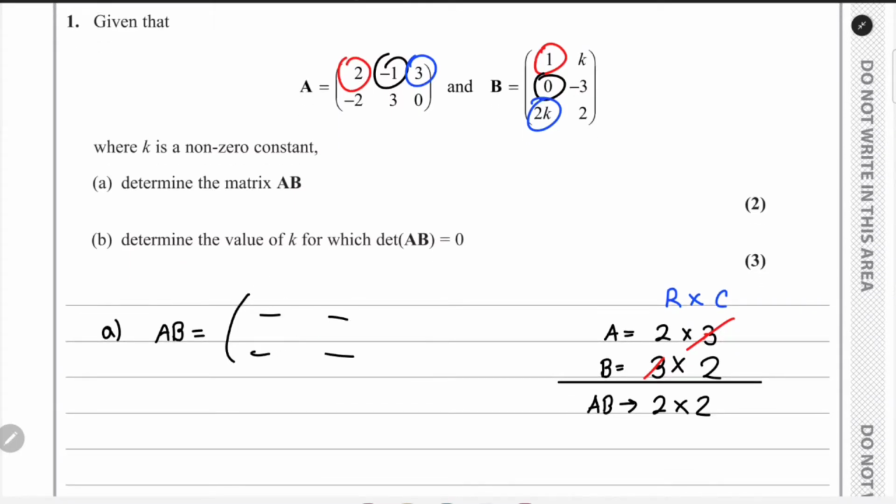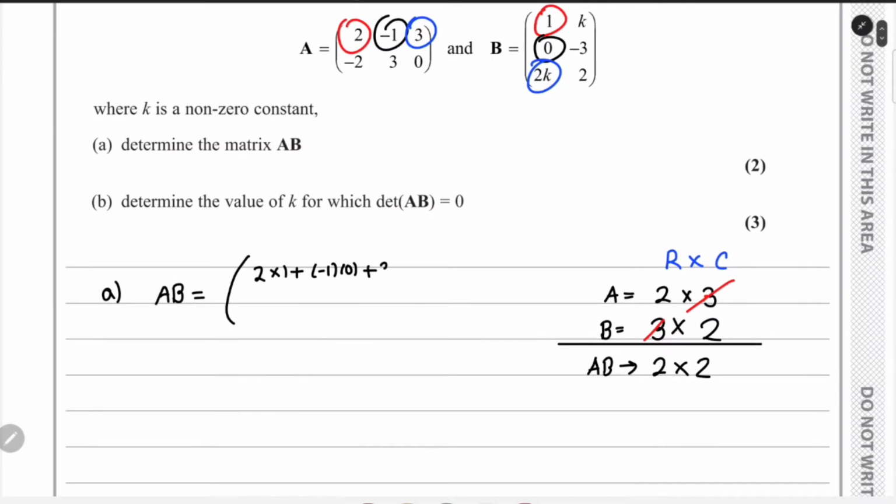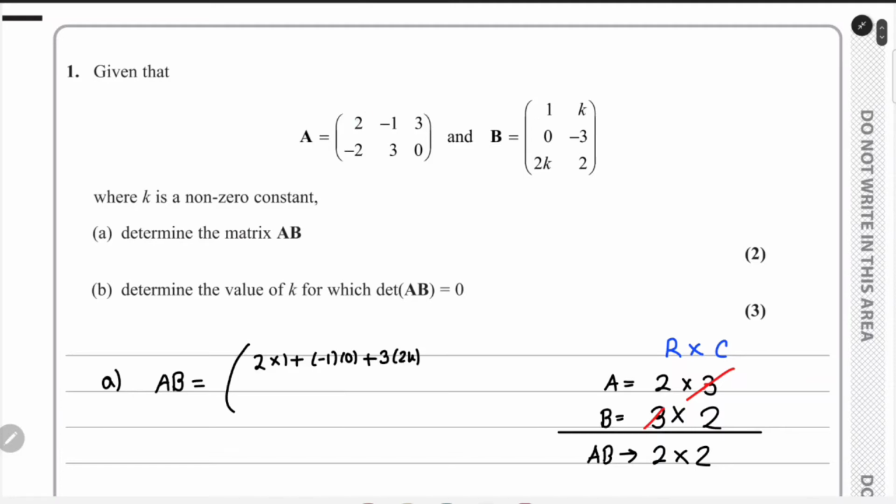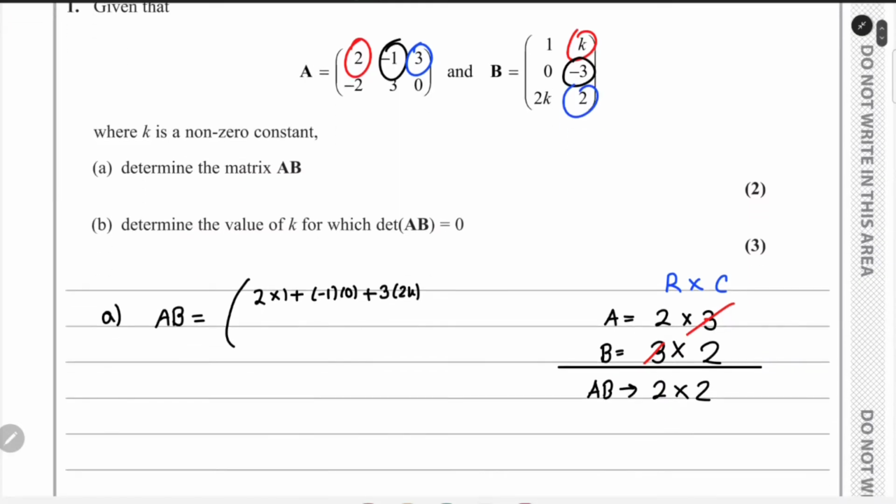So among the 4 values, this value over here will be 2 into 1 plus minus 1 into 0 plus 3 times 2k. So it will come out to be 2 plus 6k.